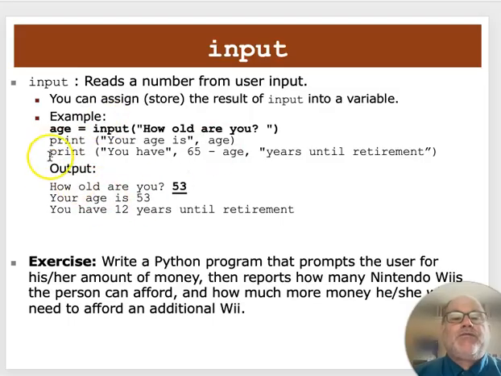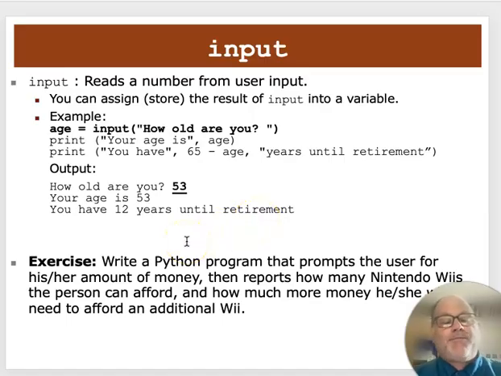So what we'll see is we get a prompt, how old are you? Then the user types in the number 53, and then the computer prints back, your age is 53. Likewise, we have another concatenation, "you have" 65 minus age "years until retirement". Well, if the user typed in 53, then it will calculate the difference, 65 minus 53, or 12.